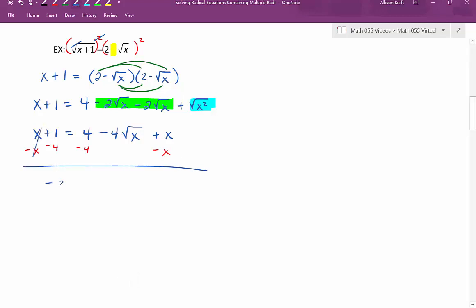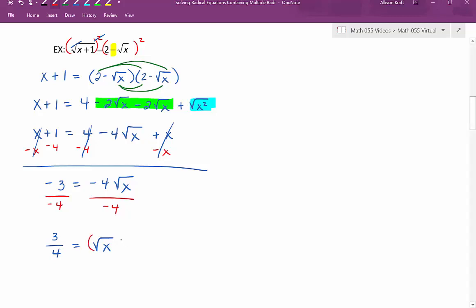It's going to leave us with negative 3 equals negative 4 square root of x. I'm going to divide both sides by negative 4 to get that radical by itself. We get 3/4 equals the square root of x. Now that that radical is all by itself on the right, we want to raise both sides to the appropriate power to cancel it out.